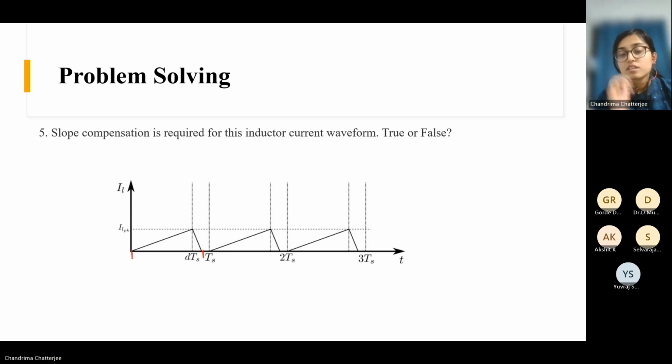We were using slope compensation when this level and this level were not equal, but now both of them are zero. Again it is starting from zero and ending at zero. So here slope compensation is not required. This statement is false.